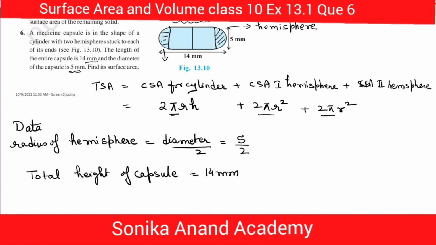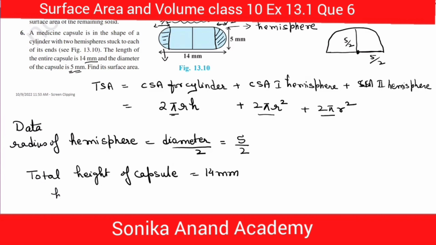Now listen, this is a hemisphere. I previously told you this is 5 by 2. So this is again also 5 by 2. So from here we have 5 by 2 and here also I have 5 by 2. So total height is what?